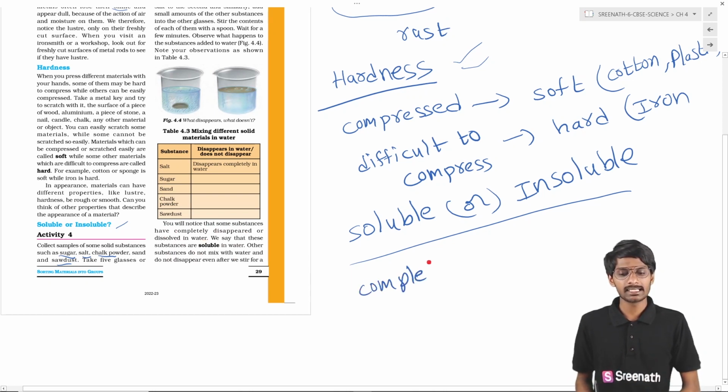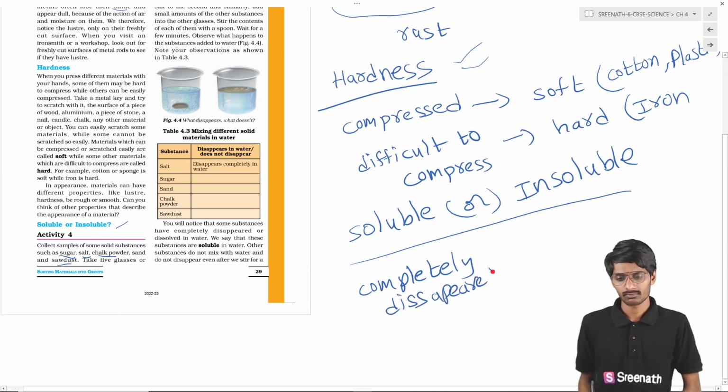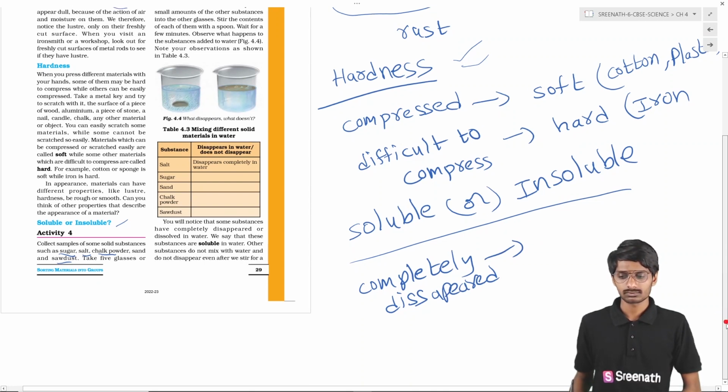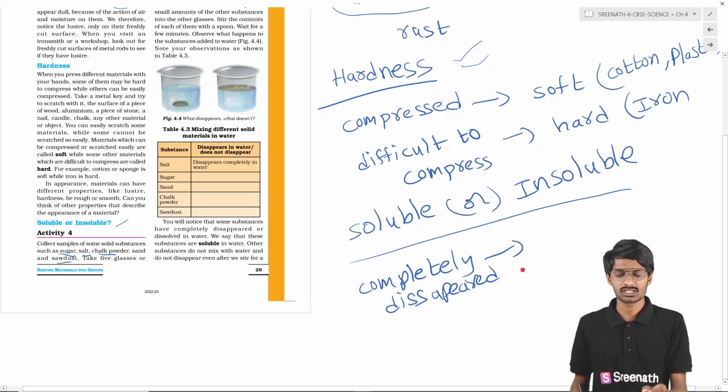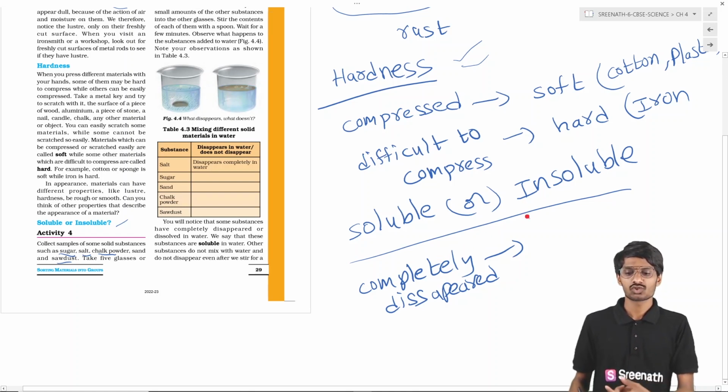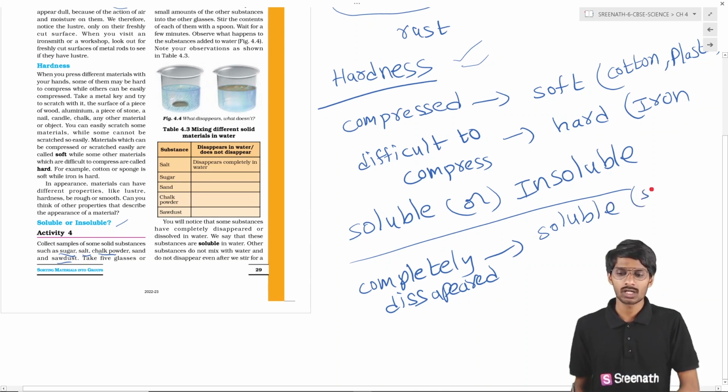If sugar or sawdust or any solid substances have completely disappeared after stirring in the water for some time, we call those soluble. Examples are sugar and salt. We can't find them.